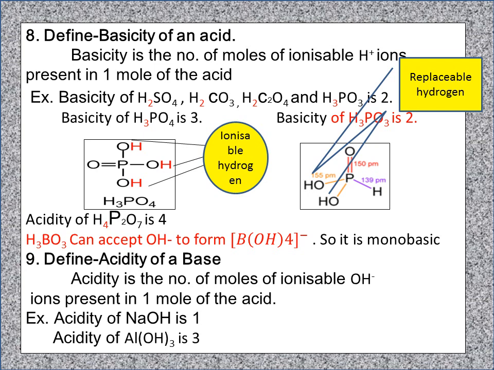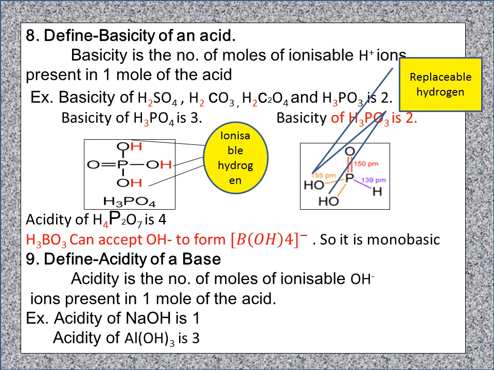So, the basicity of H4P2O7 is 4. In the case of boric acid, H3BO3, instead of giving out a proton, it accepts one OH minus ion to form B(OH)4 minus. So, we call it a monobasic acid. Boric acid accepts only OH minus, so we call it a monobasic acid.